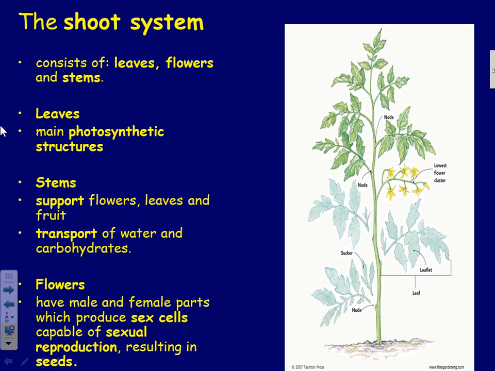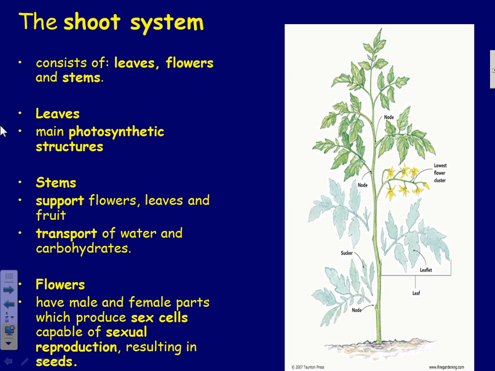If you let the suckers grow, you would get more stems, like branches on a tree, okay? You see what I mean? So again, not my expertise, but I would argue that a branch on a tree is like an extension of the stem, like a subunit of the stem. Okay? All right.